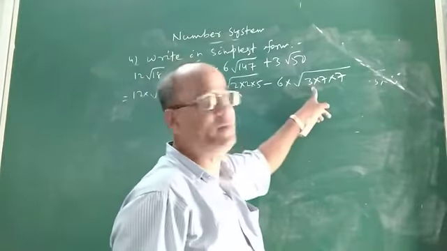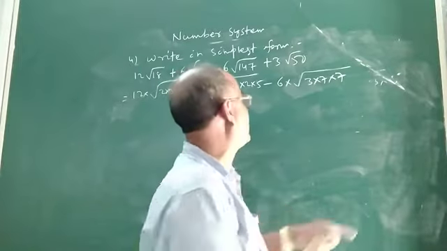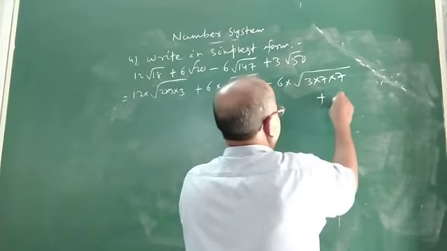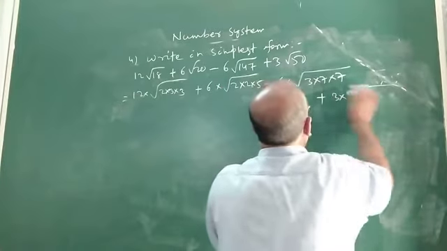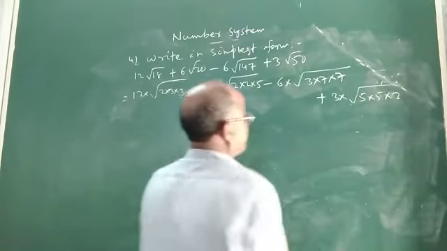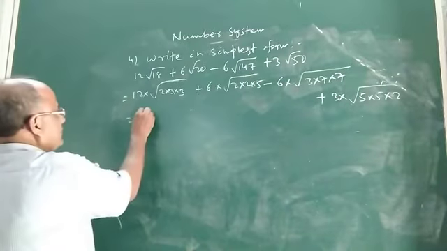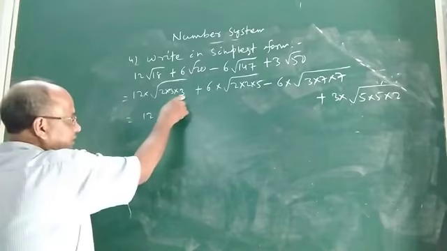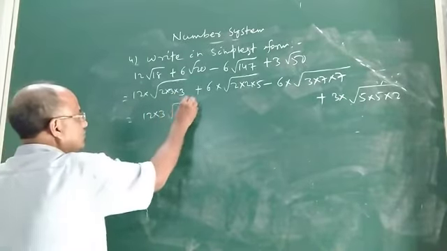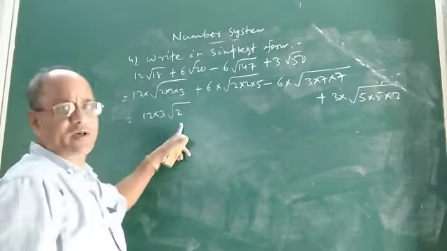So 147 will be factorized as 3 into 7 into 7. Then plus 3 into root 50. 50 means 5 into 5 into 2. Now see, this is 12. There are two 3's inside the square root, so one 3 will come out. And what will be left inside the square root symbol?